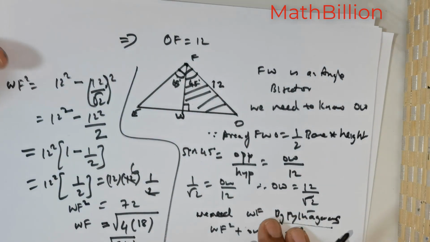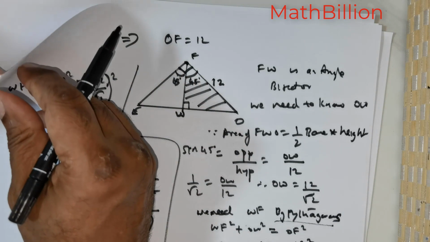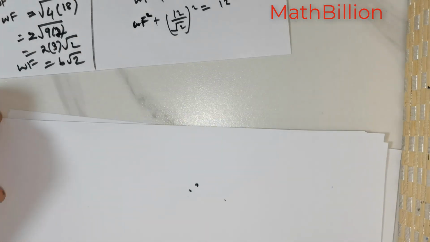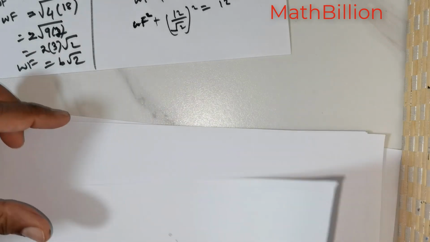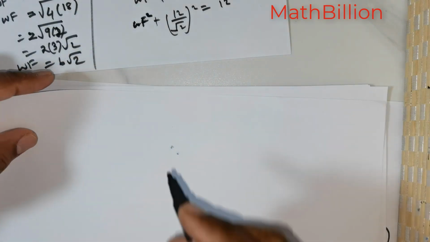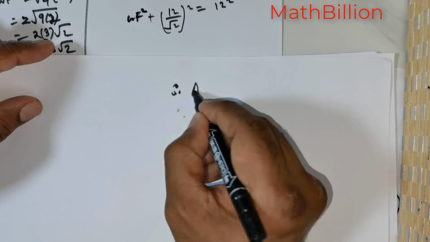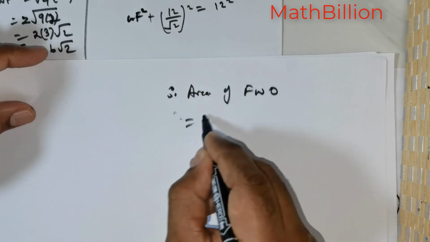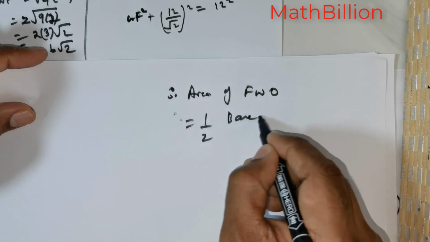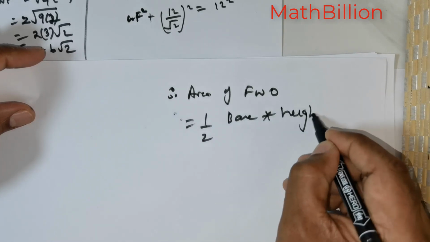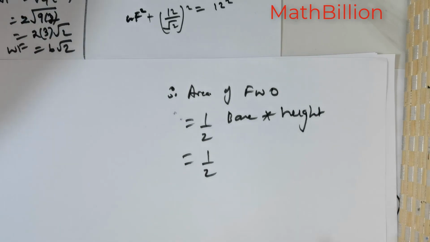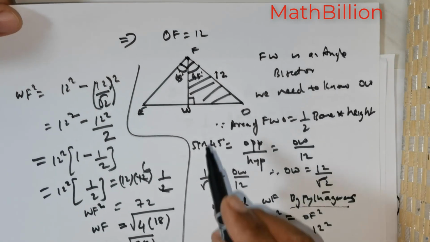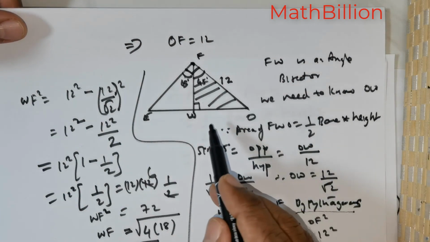So let me get the final answer in this page. Therefore, area of FWO is equal to half into base times height. As I mentioned to you, you can take whichever to be the base.